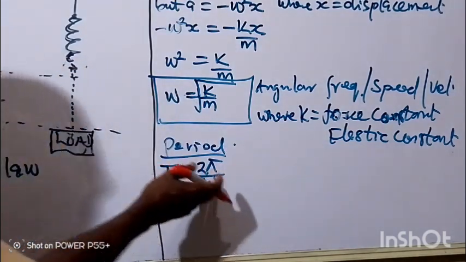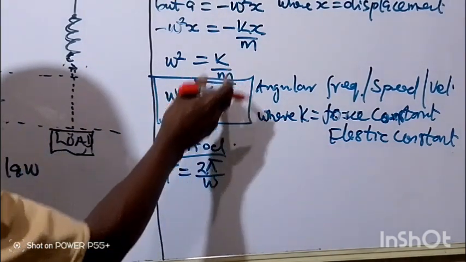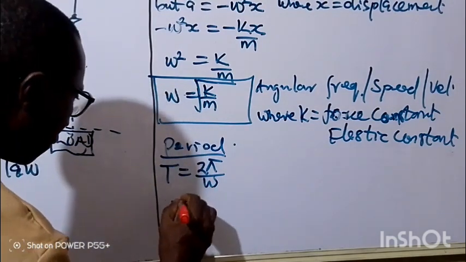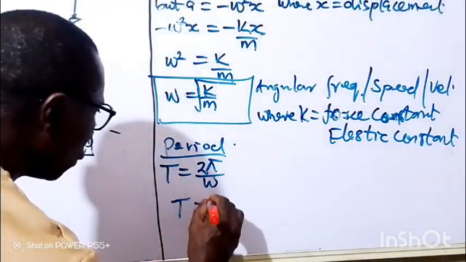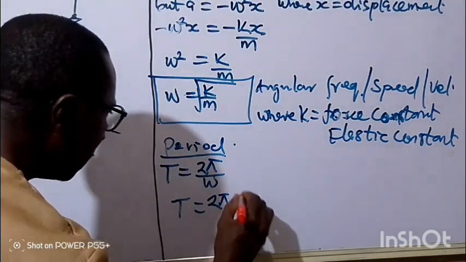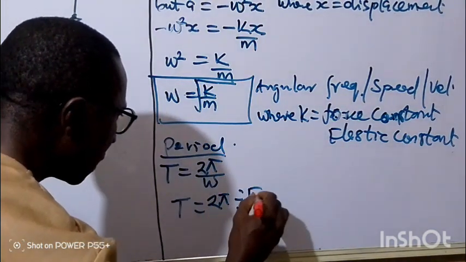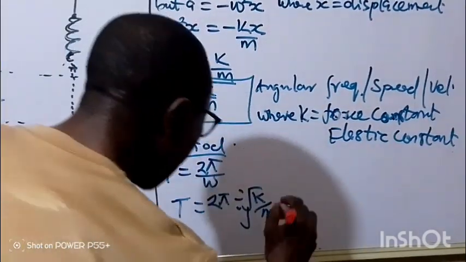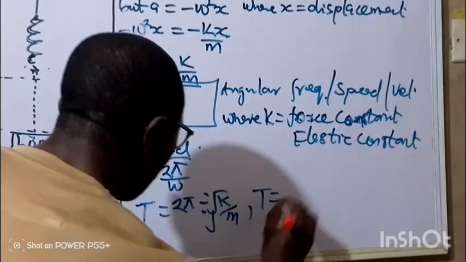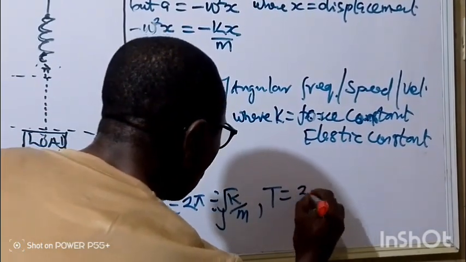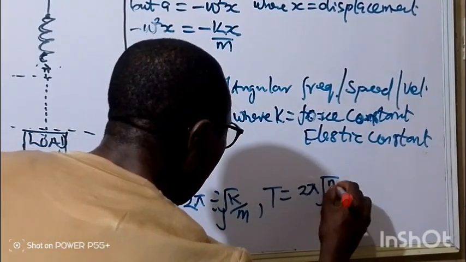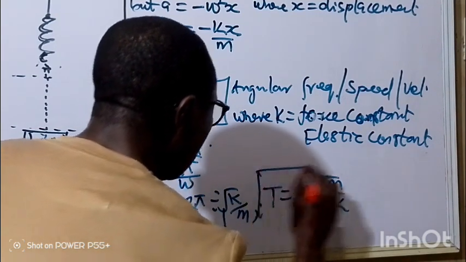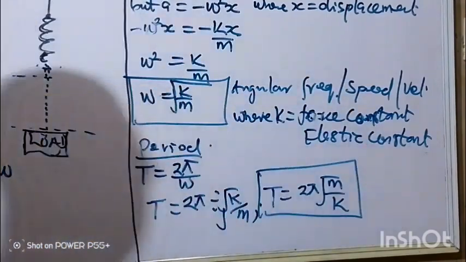So we can now substitute root k over m for omega. So we are going to have T will now be equal to 2 pi divided by root k over m. So from here, T will be equal to 2 pi root m over k. That is the period of a loaded spiral spring performing simple harmonic motion.